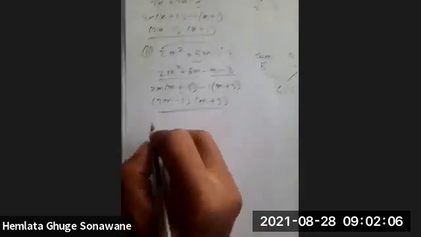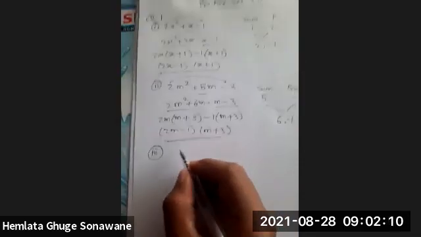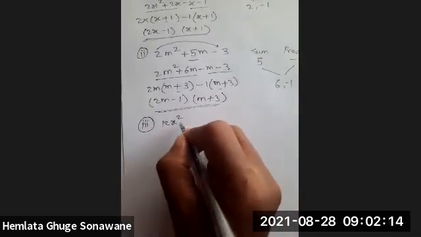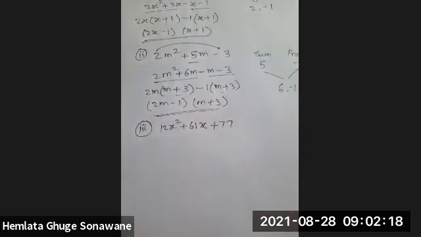We'll move towards the third example of 3.6, question 1, that is 12x square plus 61x plus 77.